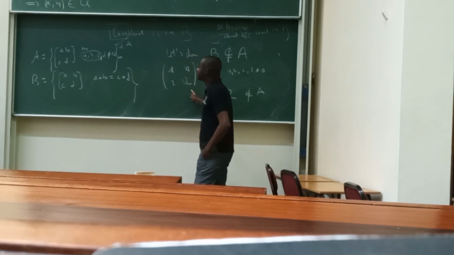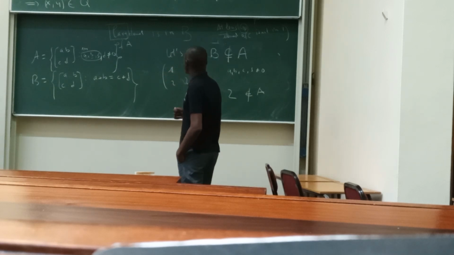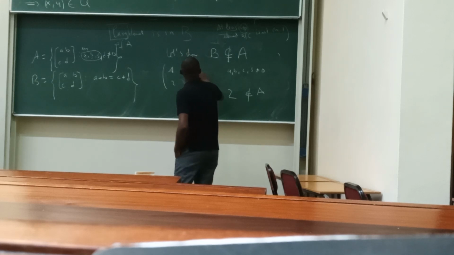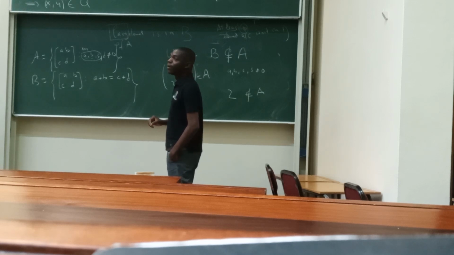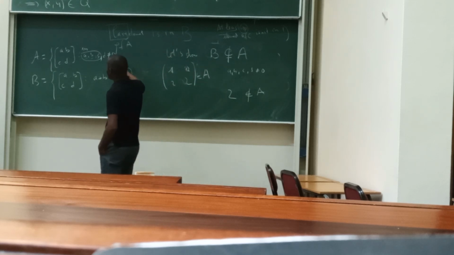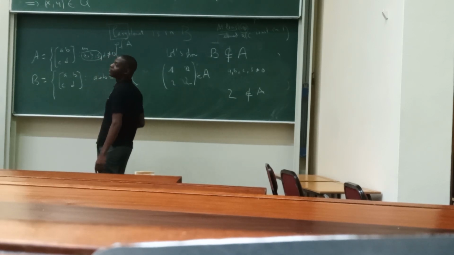And this one, is it in A? Is this an element of A? Okay, let's understand it this way: what you mean by writing this is that for any A, B, C, and D has to be different of 0.